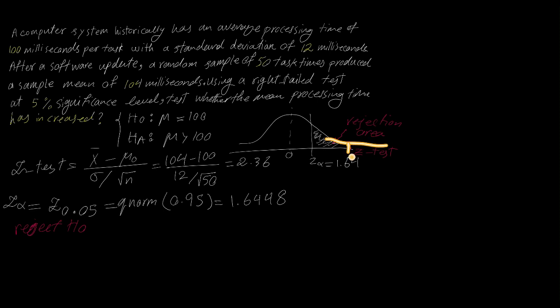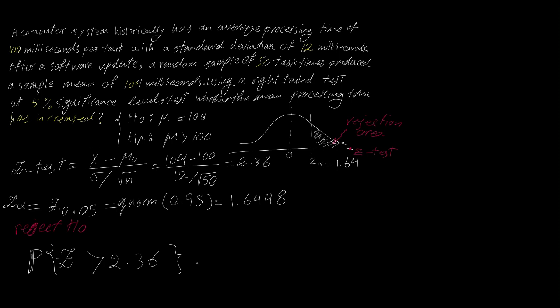So if this is my graph, I want to see the probability of all random variables greater than the z-test. So to find the p-value, I compute the probability of all random variables greater than 2.36.